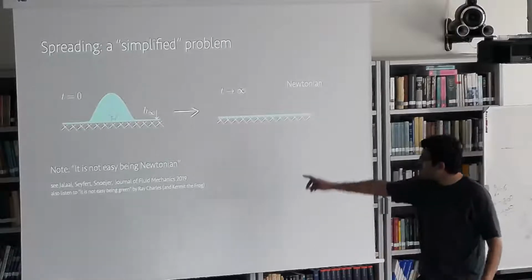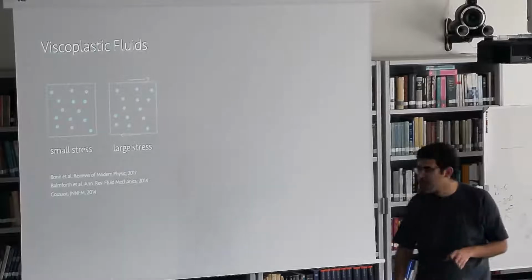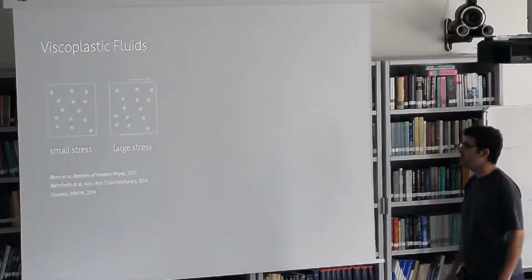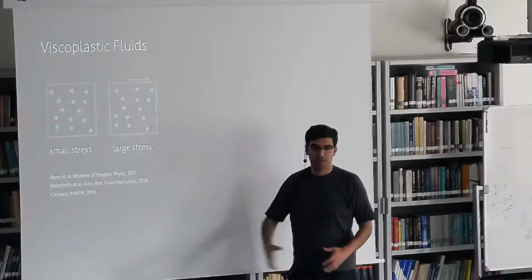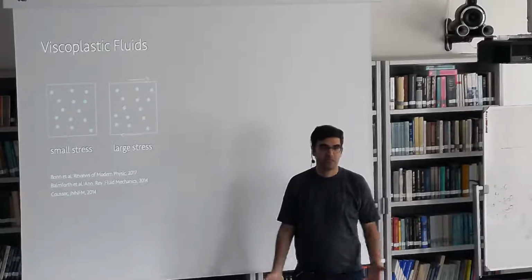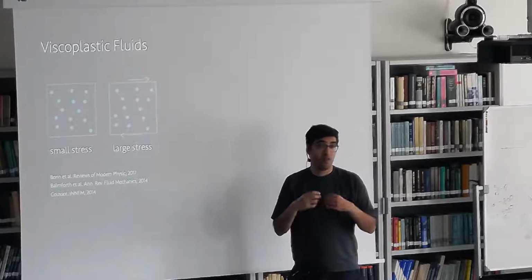So we want to look at this problem for viscoplastic fluids. I've said it already a lot, but just in case you don't know what it is: by viscoplastic fluids I'm referring to this very large class of materials that can have different origins at the molecular scale.